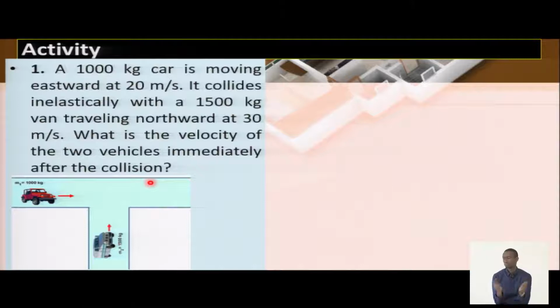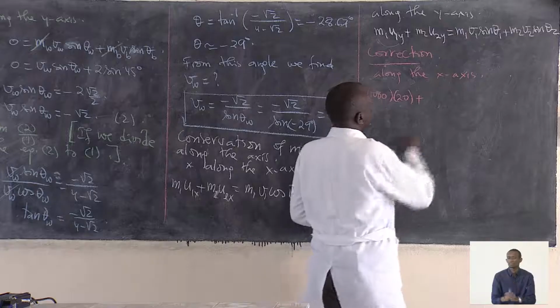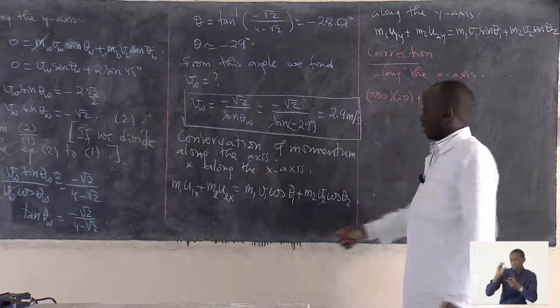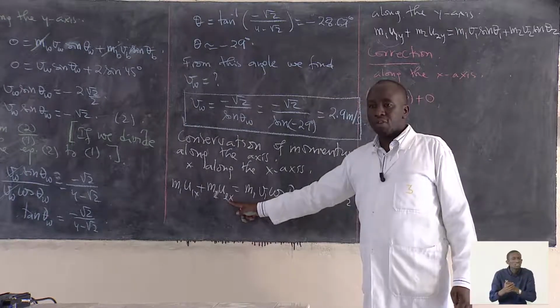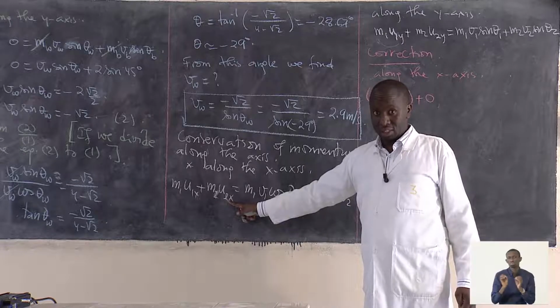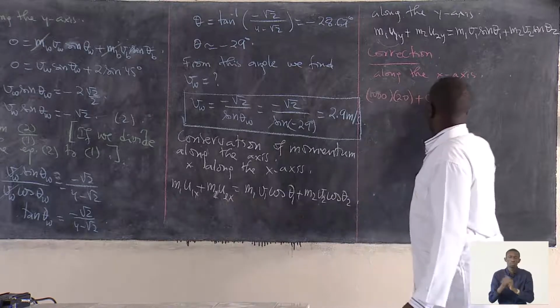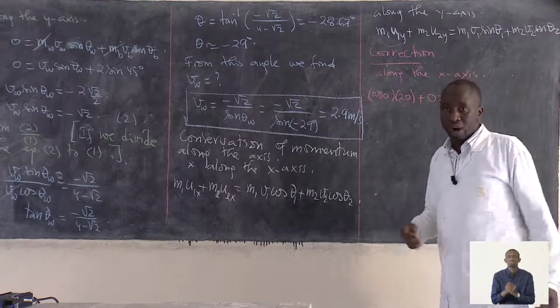No. What we have is the speed of this second car along the y-axis, which means it is plus 0. 0 means there is no component of the second car along the x-axis. Do you understand?